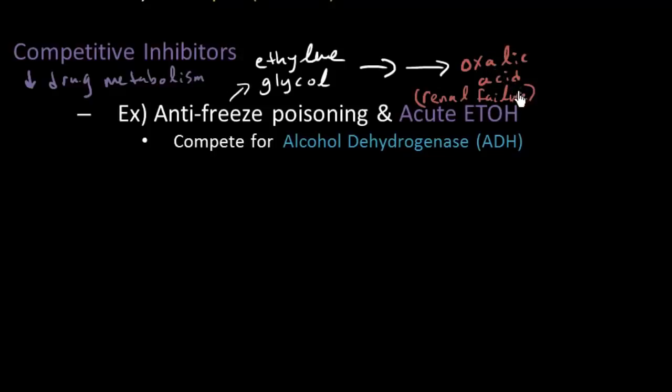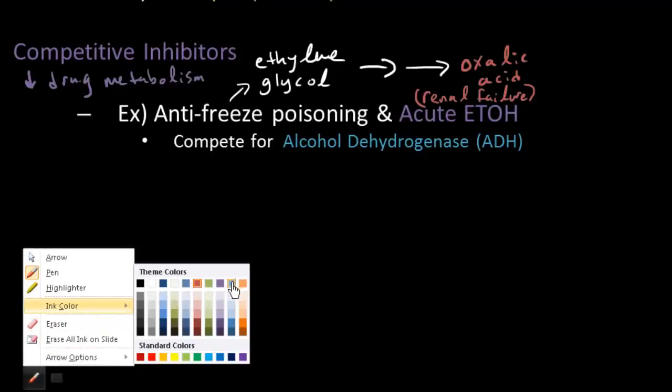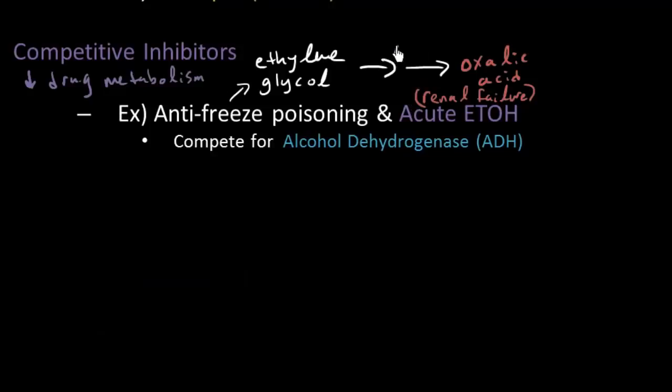And so the reason we can use acute alcohol to treat ethylene glycol poisoning is because they both compete for that same enzyme. And that enzyme is called alcohol dehydrogenase, ADH. So let's draw that right here.